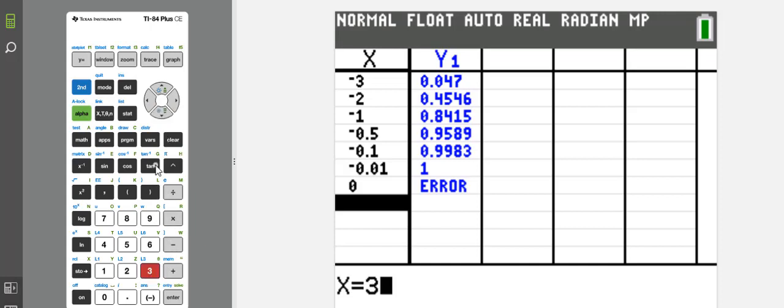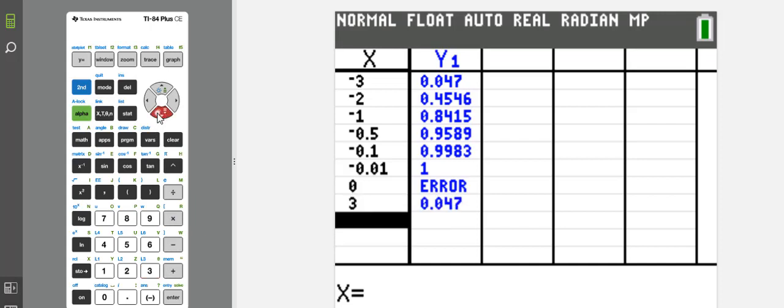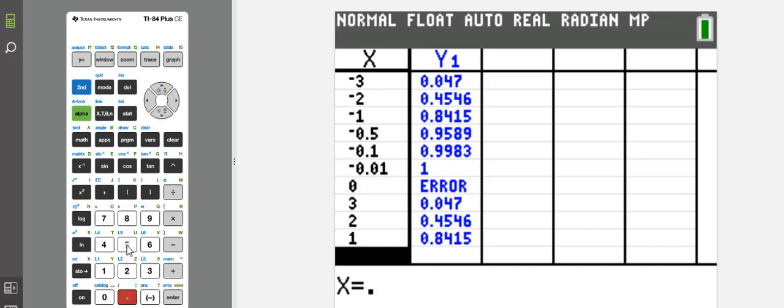So let's try +3, 2, 1, 0.5, about 0.1, 0.01. You get the idea?